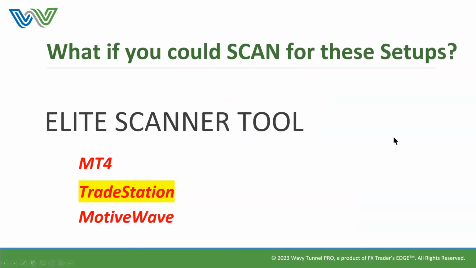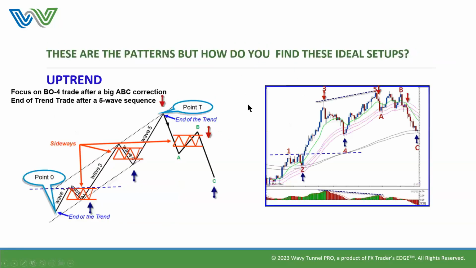All right, now I want to move to stocks, TradeStation. So I want to show you trades that have set up from the scanner, and I want to teach you this breakout 4 trade. When you have a strong trend up, and up here we have the purple arrow, point T, this is the end of the 5-wave sequence, and then we're in the correction.